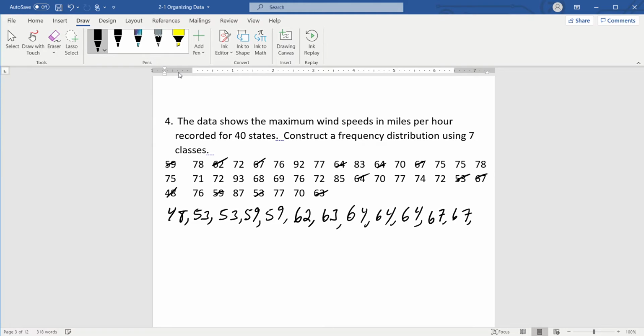I see a third 67. 68. 69. I see a couple 70s automatically, 2 of them. It was 71.